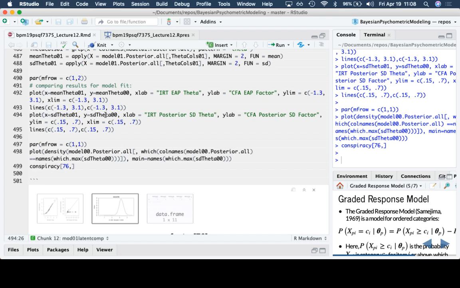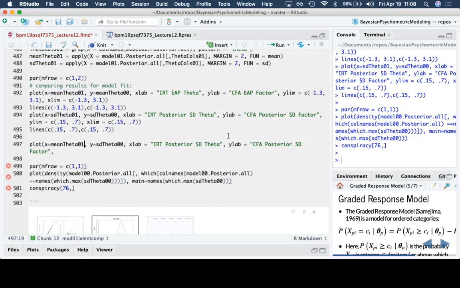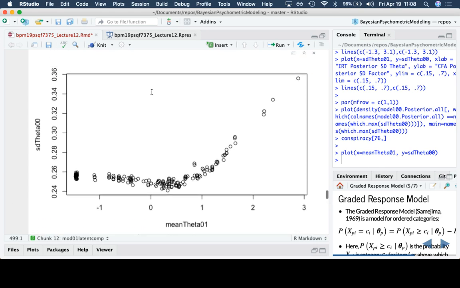Let me do a plot real quick here. The x-axis will be the mean theta. There we go.